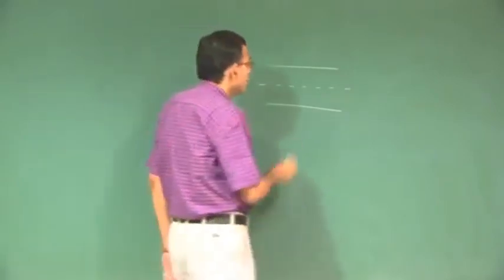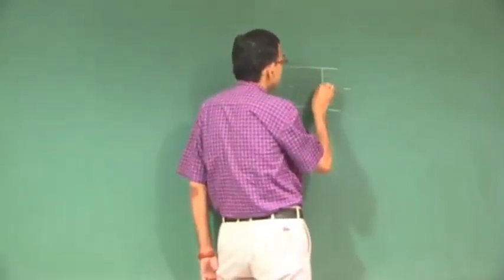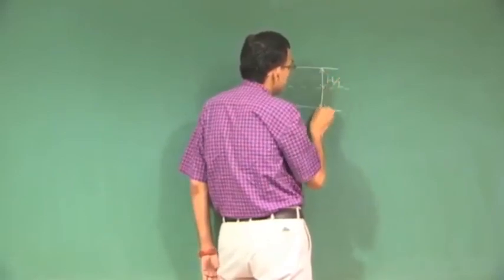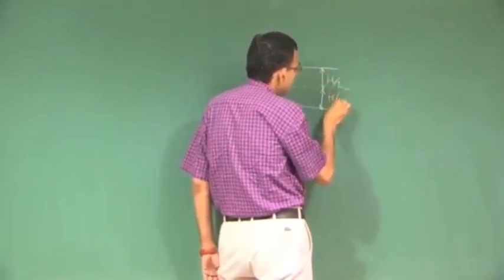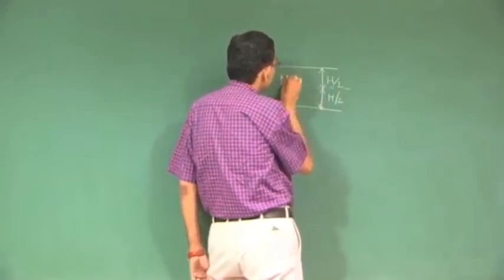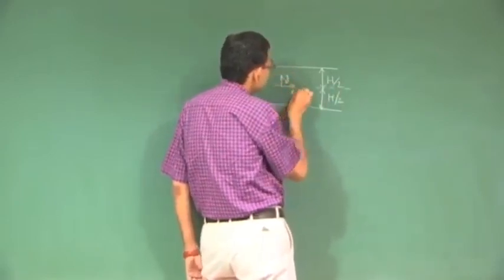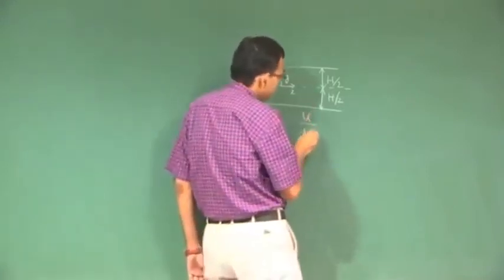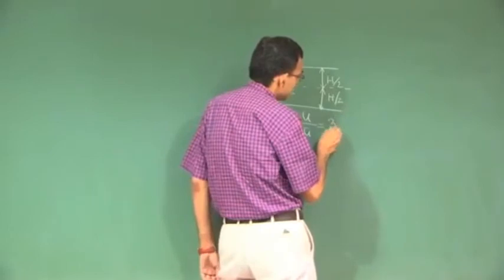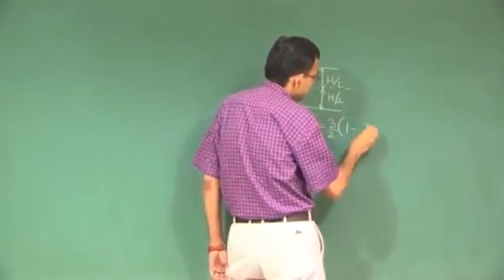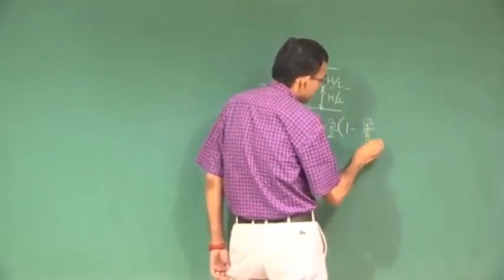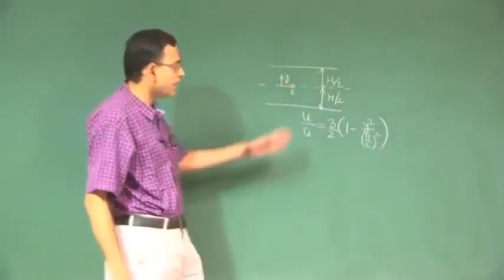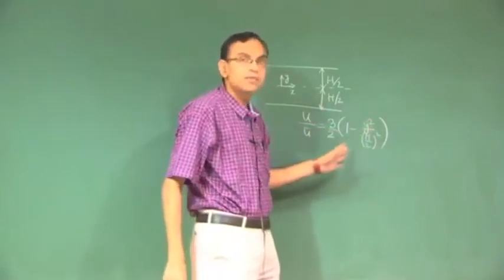Like this, where the flow is fully developed and the height of the channel is h, and then if you have a coordinate system like this, then we derived this expression for the velocity profile. That is where we stopped in the previous class.